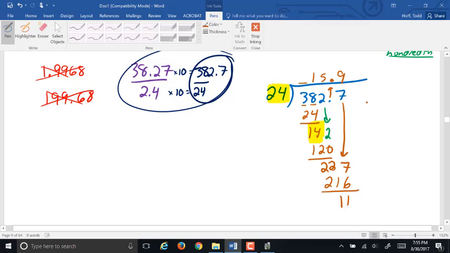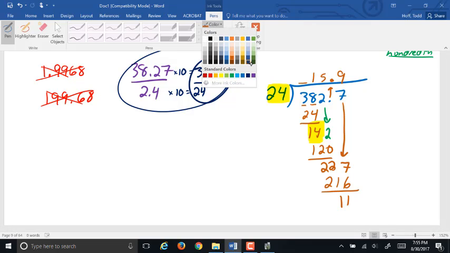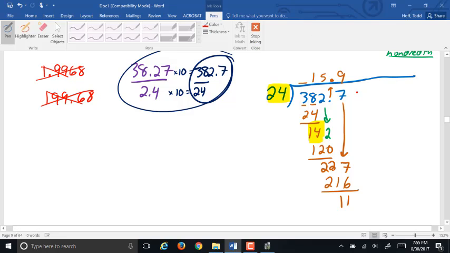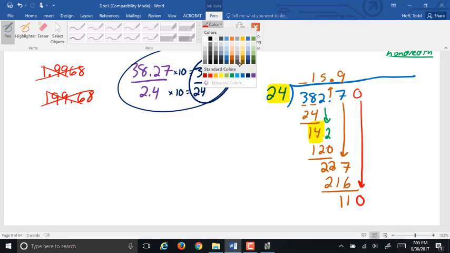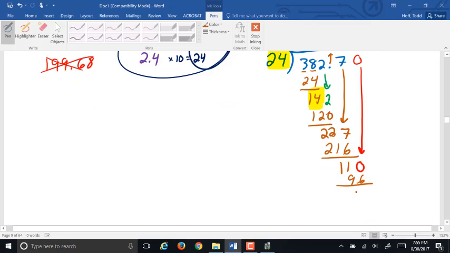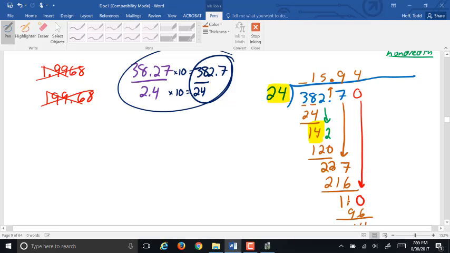Are we done yet? No, we can keep going, actually, by just adding zeros and bringing it down. 24 into 110 is going to be 4. 4 times 24 is 96. Leaves us with 14. Now we're at the hundredths. Does that mean we're done?